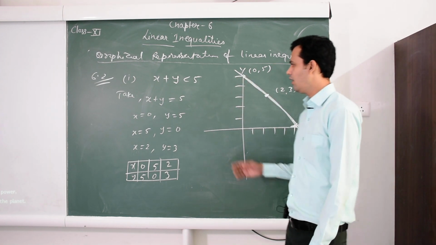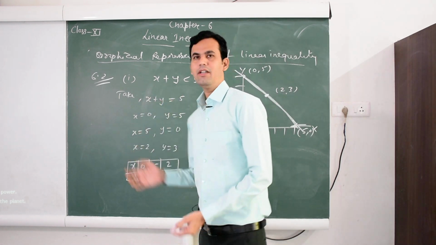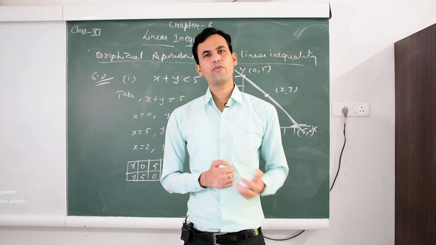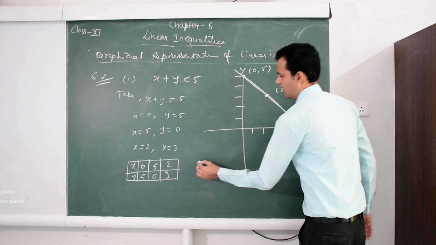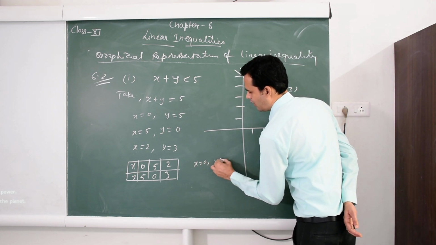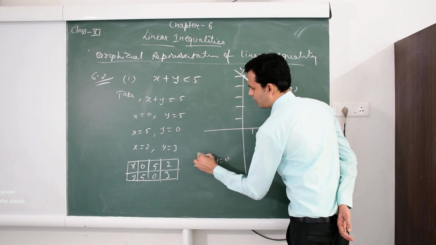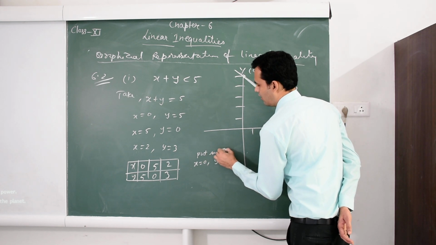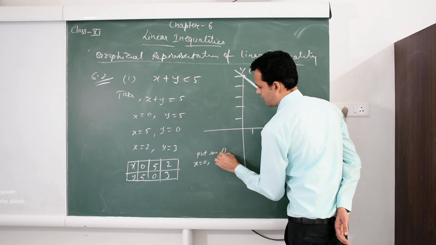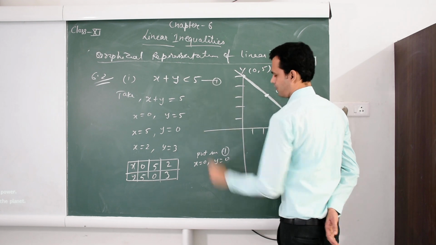Now we have to find whether the condition is true or false. For this we take x equals to 0 and y equals to 0 and put them in the inequality.